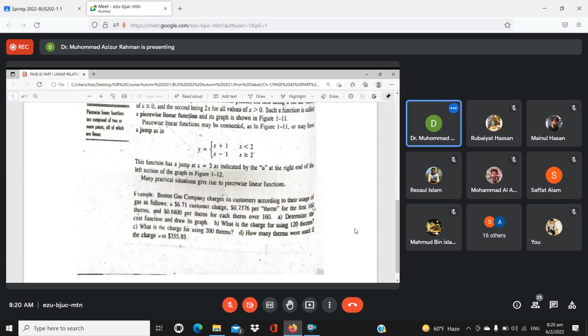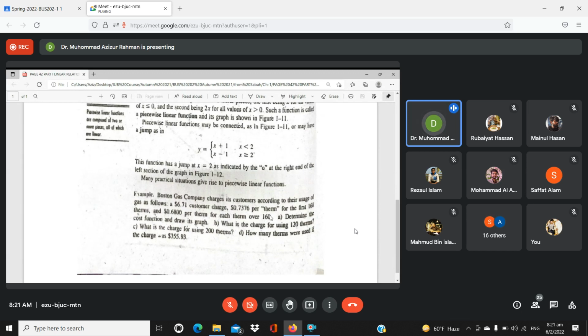Then up to 160 therms, you need to pay 0.7376 per therm, and if you exceed your usage over 160, then the charge is 0.68 per therm. So this is the situation given.